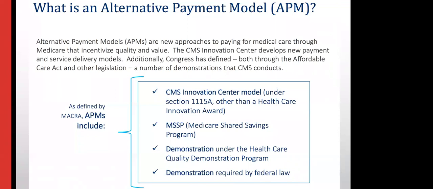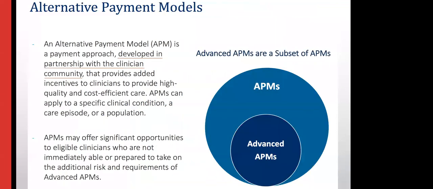Next slide. So this is better outlined what it is. Alternative payment models are a bigger universe than advanced alternative payment models. And the difference, which we will see in the next slide, and you don't need to go there, is that alternative payment models often will have upside risk, and advanced alternative payment models are two-sided risk models.